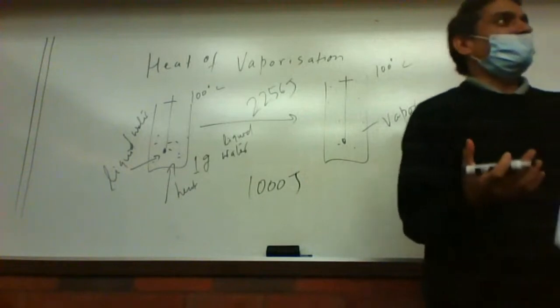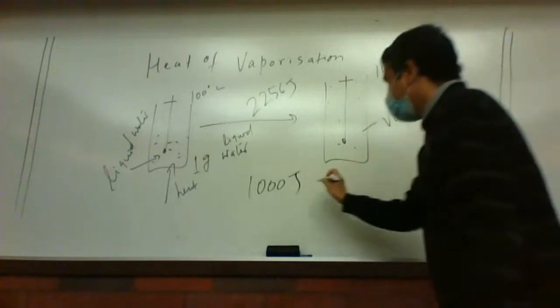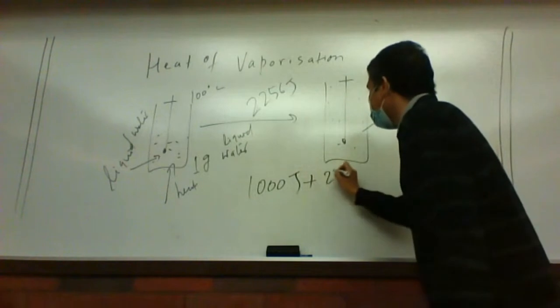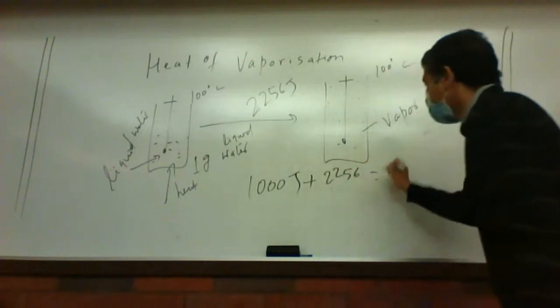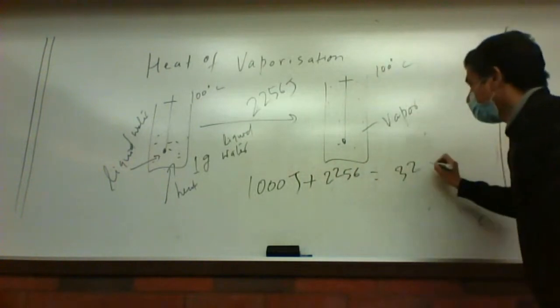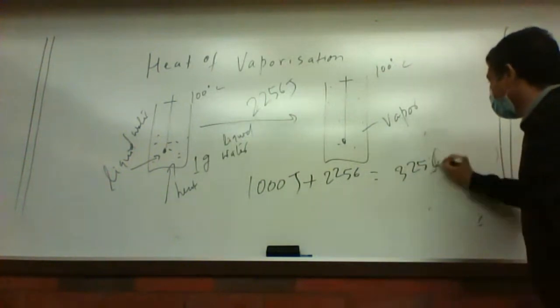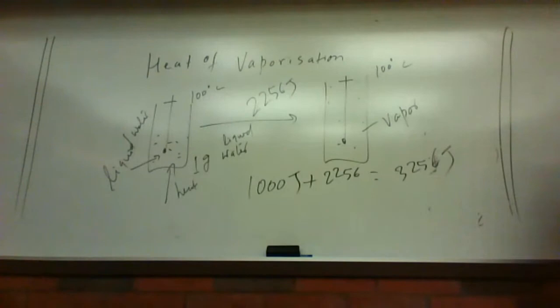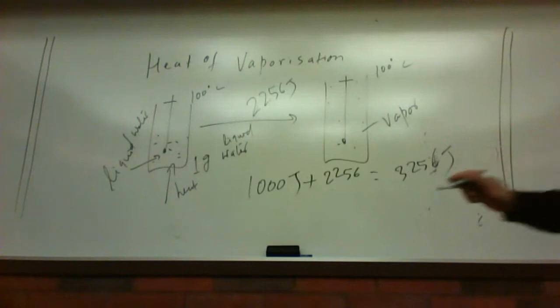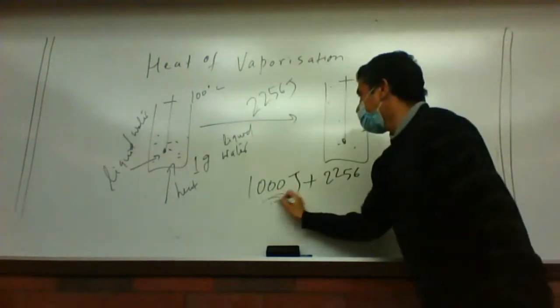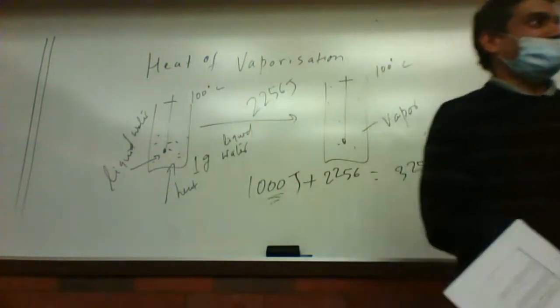But if you are burned by water vapor, you get that much plus 2256. So if you have 1 gram of boiling water and put it on your skin, the burn is not that bad because you just get 1000 joules of heat energy from the boiling water.